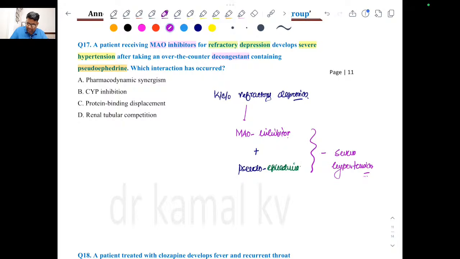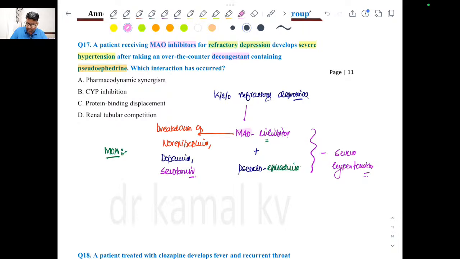Now actually what happens, MAO inhibitor. We need to understand the mechanism of action of the two drugs. Monoamine oxidase is actually needed for breakdown of norepinephrine, dopamine and also serotonin. Clear?